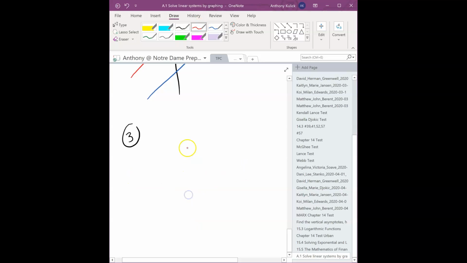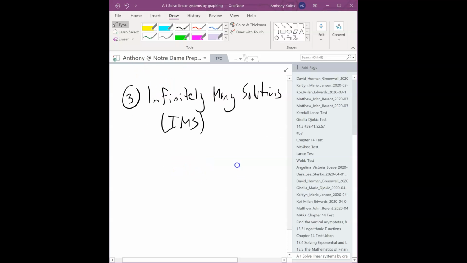The last situation, I should give it a name before I draw the picture, is infinitely many solutions. I abbreviate this IMS because it occurs somewhat regularly, and that's a nice abbreviation for us. So if we were doing this, this might be the line for one equation, and this might be the line for the other equation. Or really you just have the same line each time.